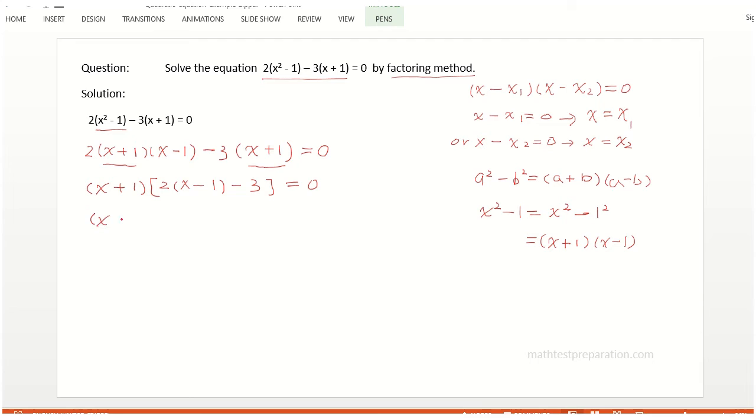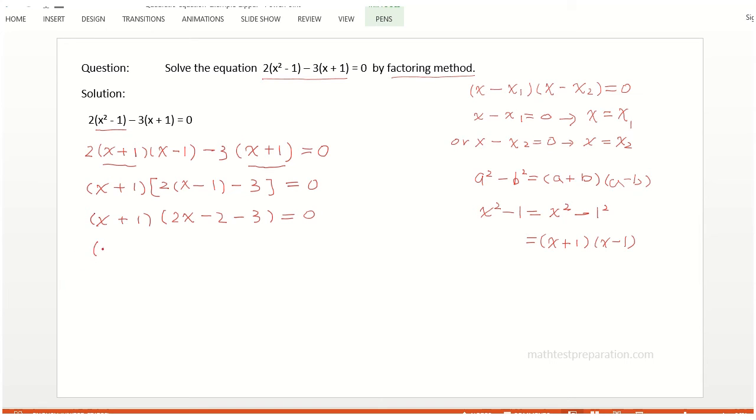So x + 1 times 2 times x is 2x. 2 times negative 1 is negative 2. Here is negative 3 equals 0.